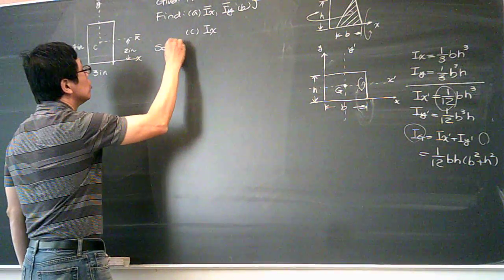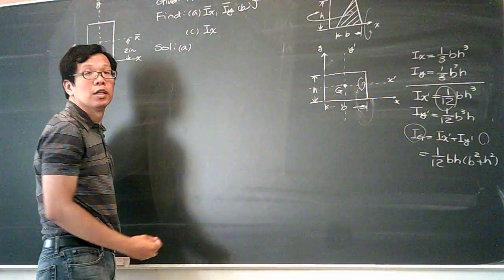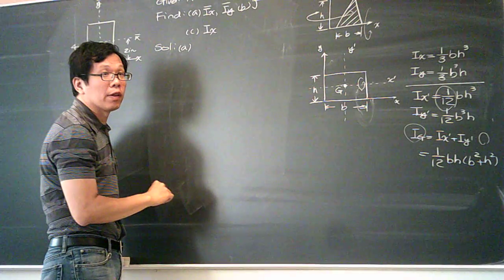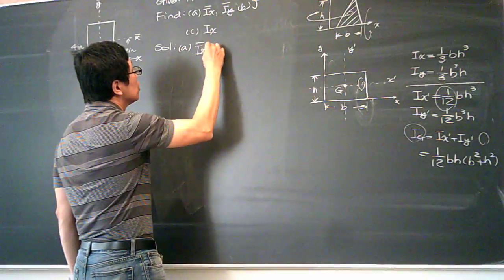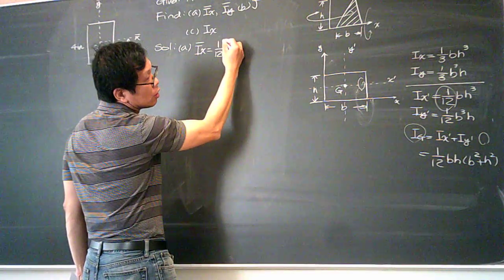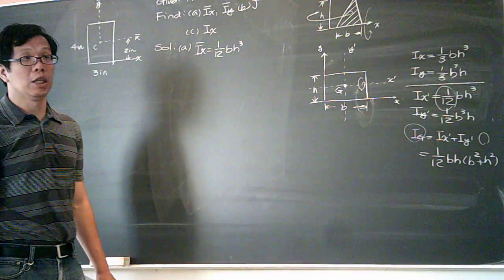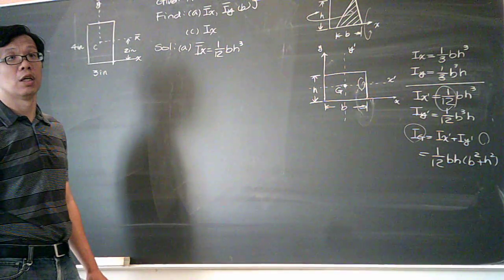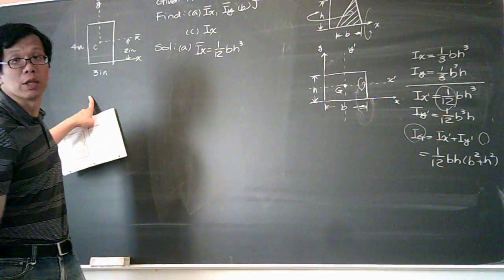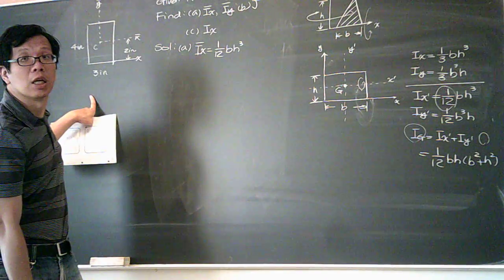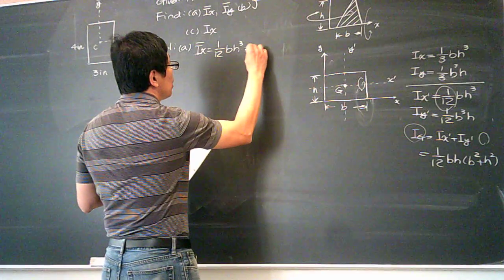So for the first part A, it's going to be straightforward. If you have the table, you just find those two formulas. In this case, what is your b? 3 or 4? That is something you need to identify. In this case, b is the bottom. What is your b? 3, right? What is your h? 4. So just plug in the number.